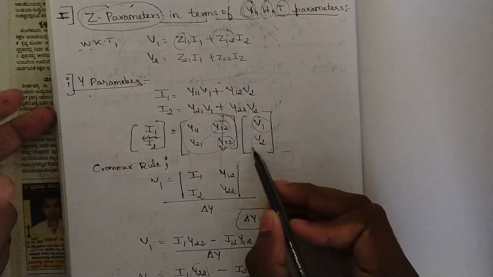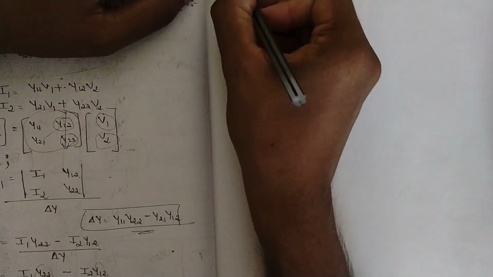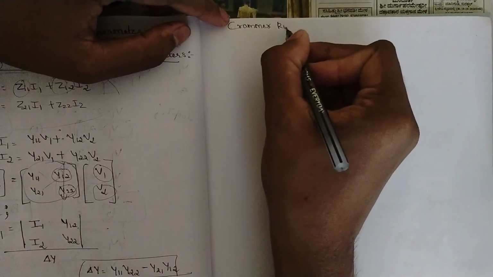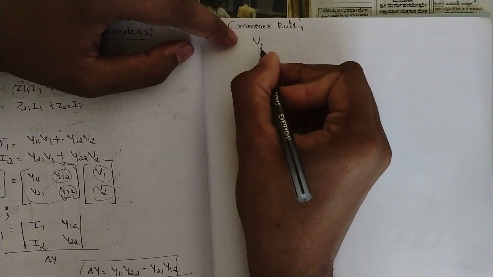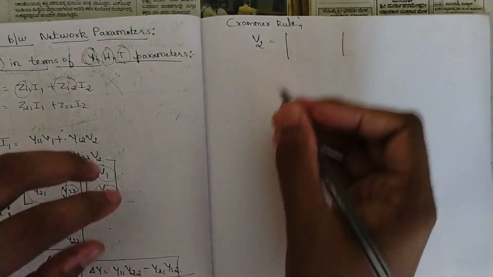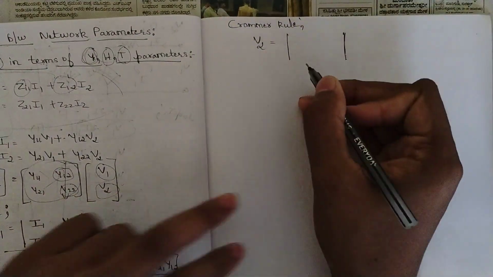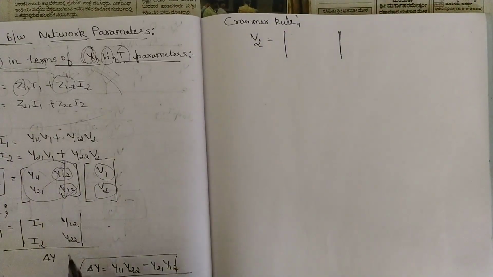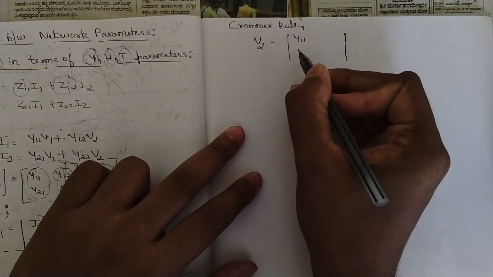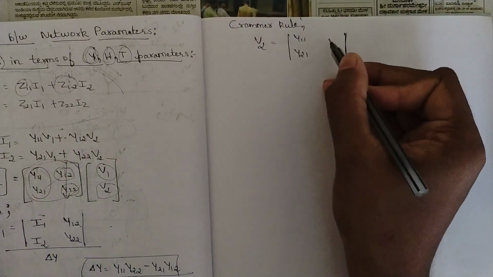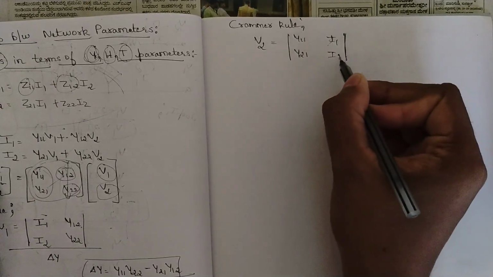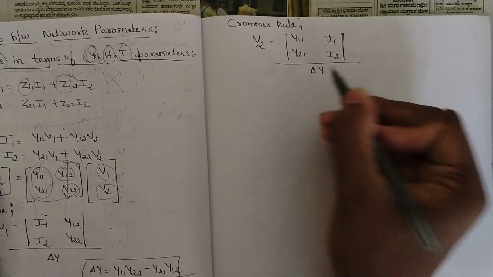Now consider the V2 voltage. Again the same thing. Apply Cramer's rule for V2 is equal to the determinant of, now consider in the first column the two elements y11 and y21, and here you should be considering the currents, that is I1 and I2, divided by the same delta y.